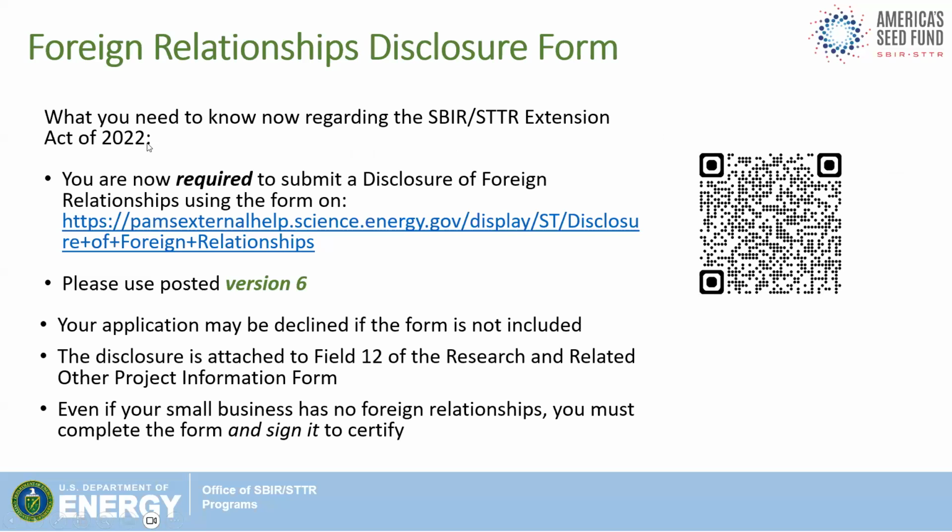As of fiscal year 2023, you are now required to submit a disclosure of foreign relationships. Here's a link to the form. There's a QR code which will link you to the instructions and the form. Make sure you are using version 6, because we have had a couple of different versions of that form.